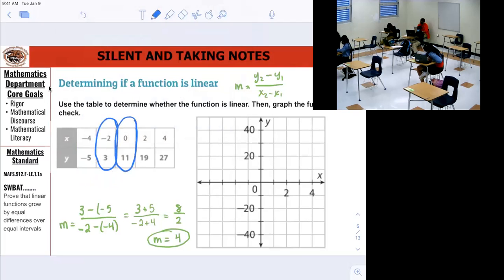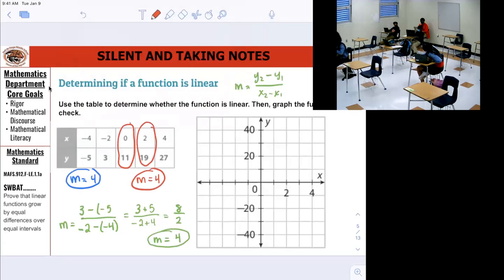So if you got a negative, check your work again, but you should have gotten m equals 4 for the second 2 points. And for the third 2 points, did you also get m equals 4? Yes. So we have a constant rate of change, which means that my function is linear.